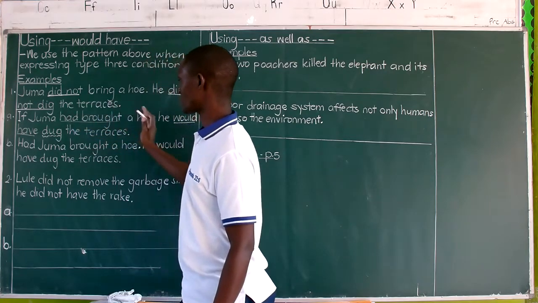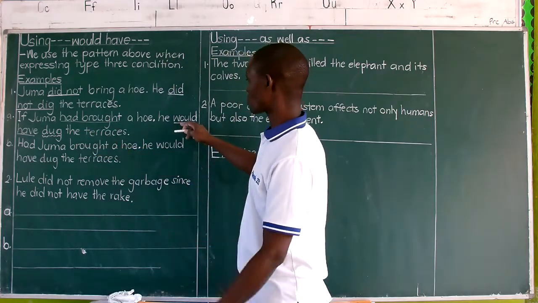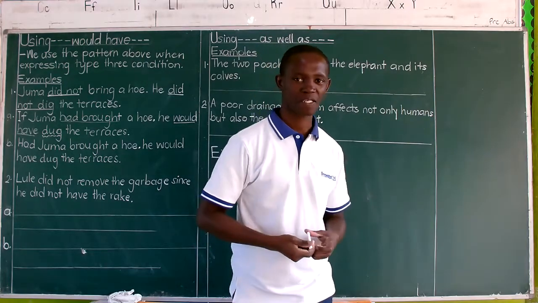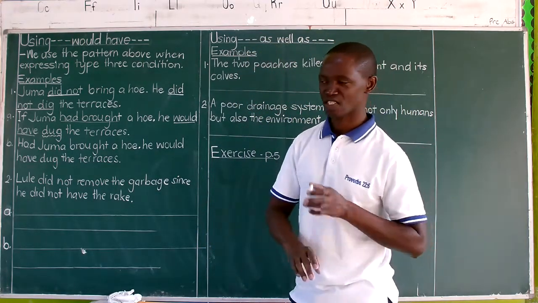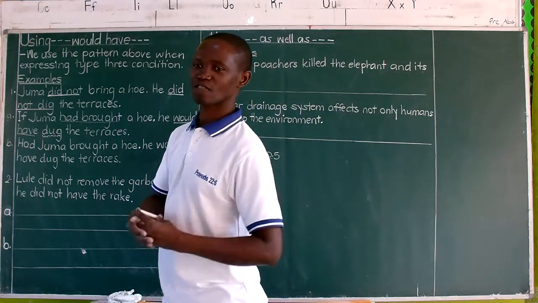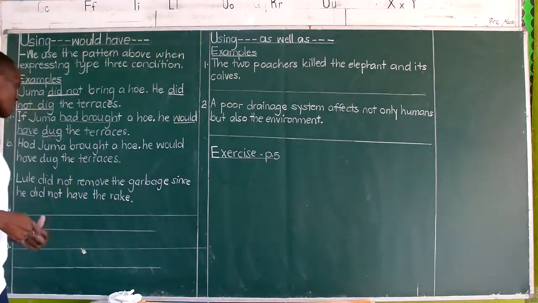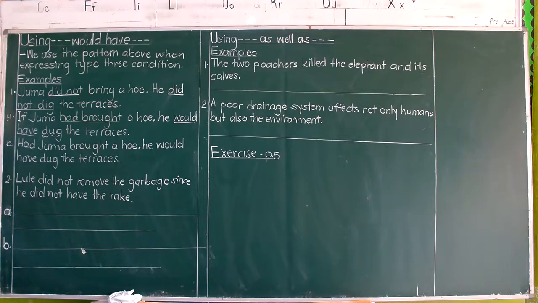It is past perfect in the if clause, then would have plus a past participle verb in the main clause. Would have eaten, would have written, would have sung with you, would have run with you, and so on and so forth. So there are two answers we can come up with in if 3. In fact, there are 3. We are choosing to take only 2 because of space and time.